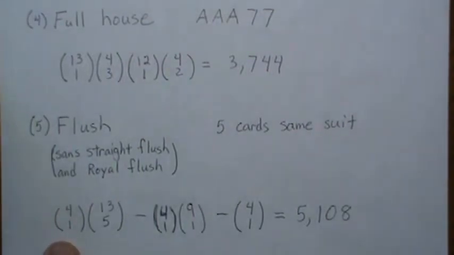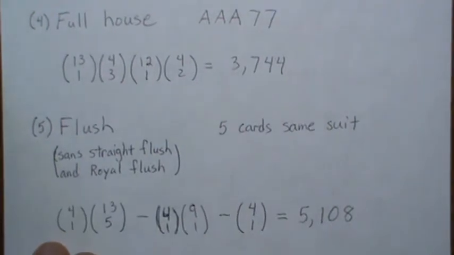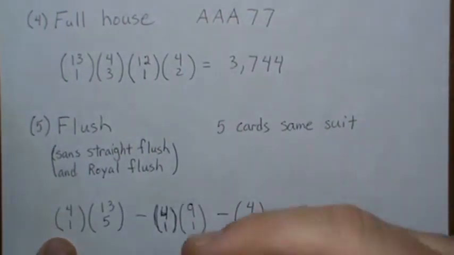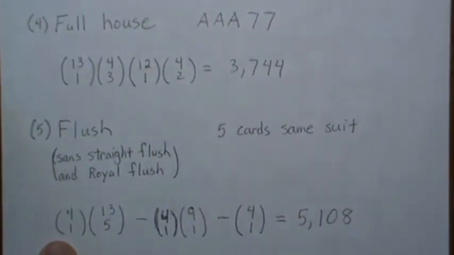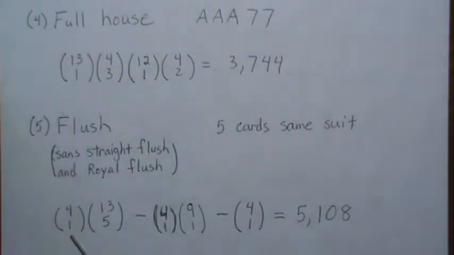So here we want a flush, so it's 5 cards of the same suit. So we randomly pick one of the rows, right? So now 4 choose 1. So now we take those 13 cards of the same suit, and we only want 5 of them. So 13 choose 5. So this is the number of ways to pick 5 cards of the same suit.